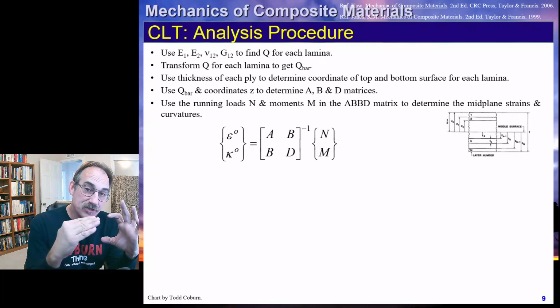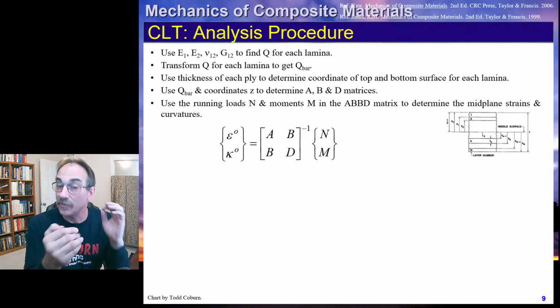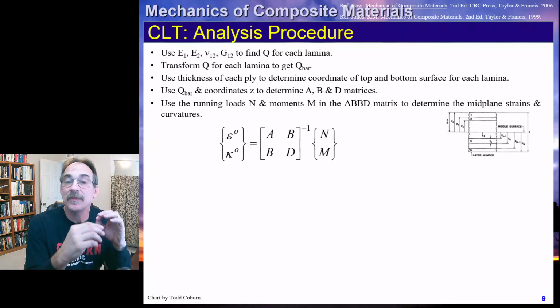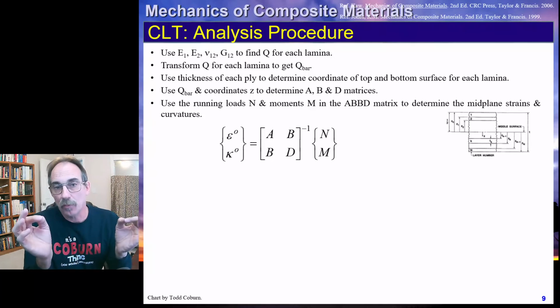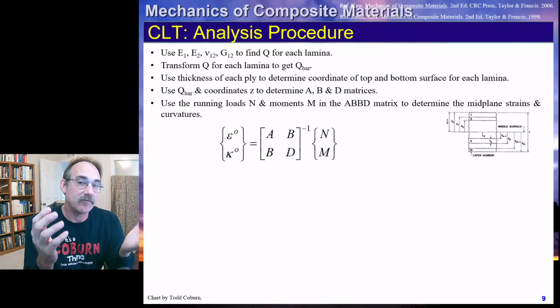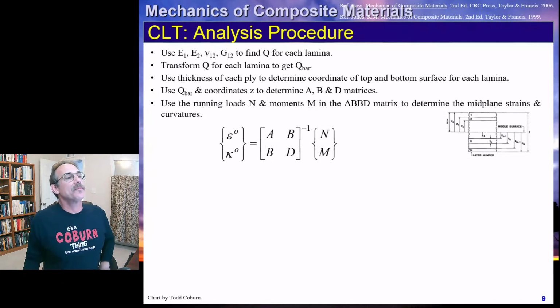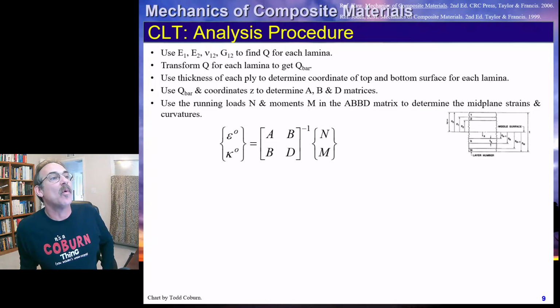Once we have all the stresses in the principal material directions for each and every ply, for each lamina, we then compare that to the allowables for that lamina using an appropriate failure criterion like the max stress failure criteria or the Hoffman or the Tsai-Hill or whatever. Got it?